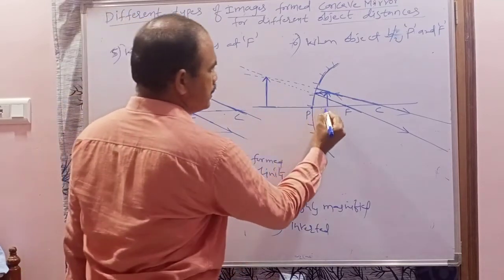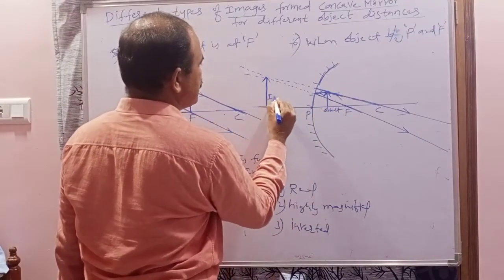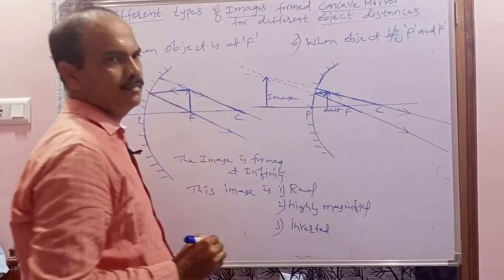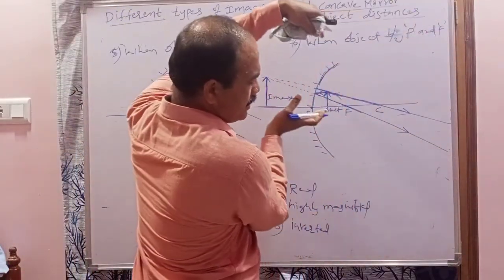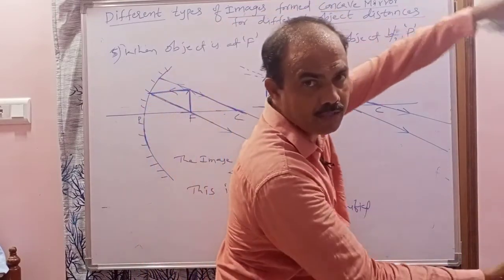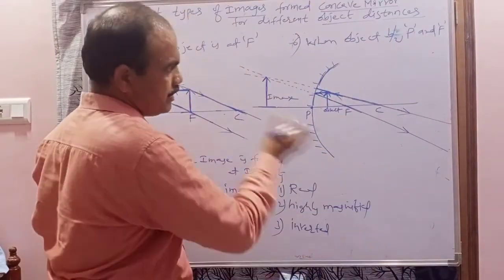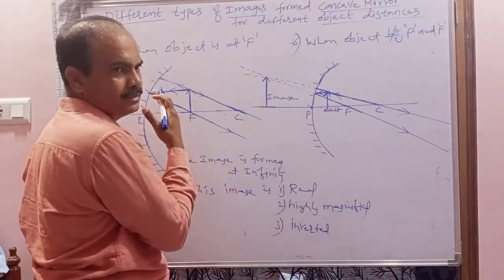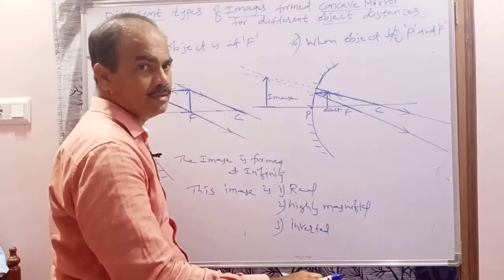This is the object and this is the image. There is no possibility of real intersection, as these reflected rays move away from the mirror and the distance between them gradually increases. They never intersect really, so to intersect them, we have to extend them backward. That's why this image is called a virtual image.